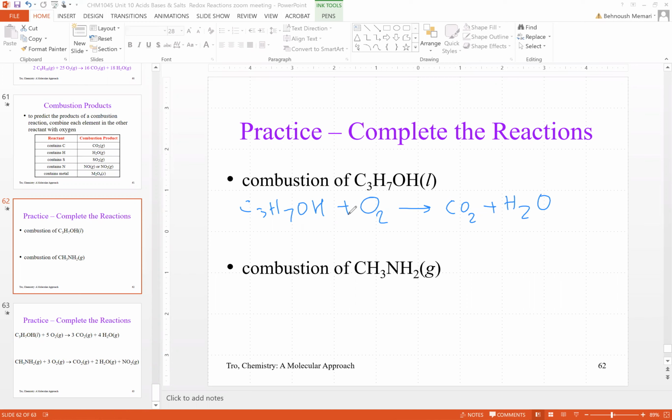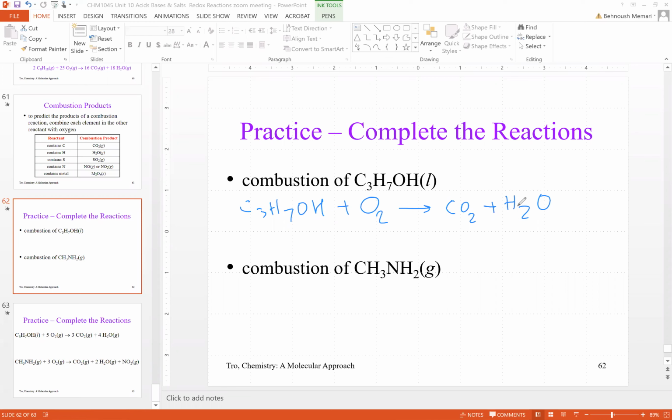Now, what happens with the oxygen? Oxygen with oxygen is going to give oxygen, so there is really no need to write it. When you're writing the equation for combustion of organic molecules or hydrocarbons, if there's only carbon, oxygen, and hydrogen, you would get CO2 and H2O.